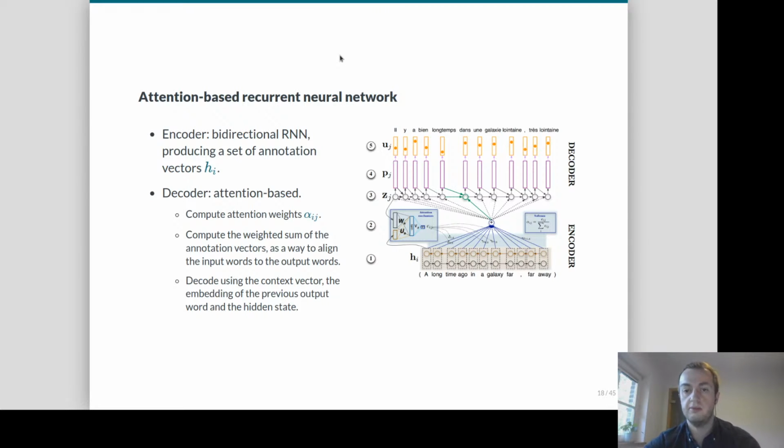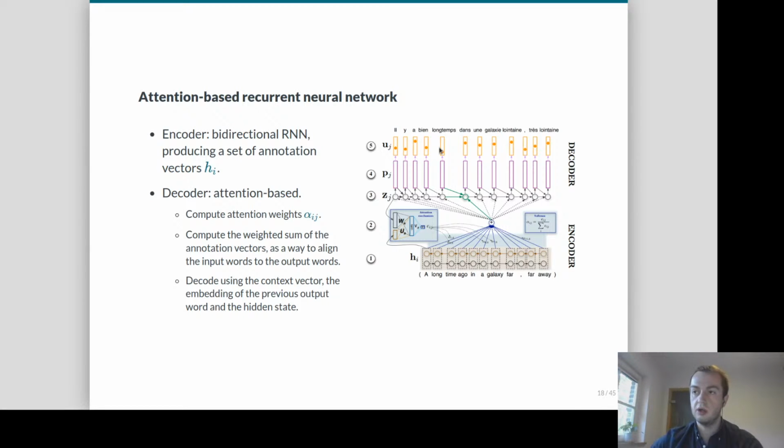And your attention would be certainly for this phrase near the beginning of the English sentence. So a long time ago would be translated into il y a bien longtemps. And when you produce this translation, you don't really care about what will happen before, right?